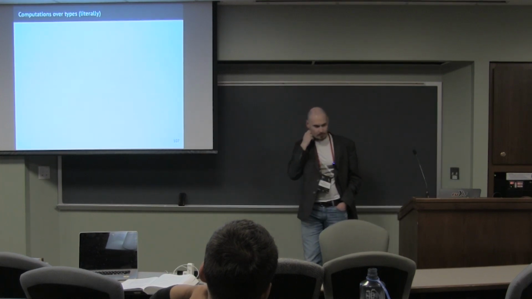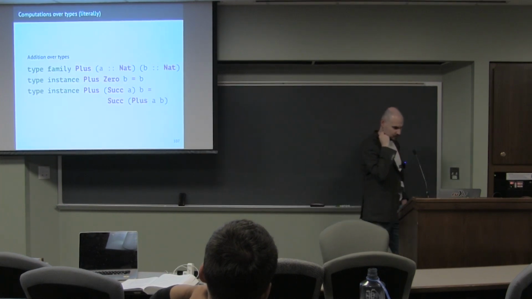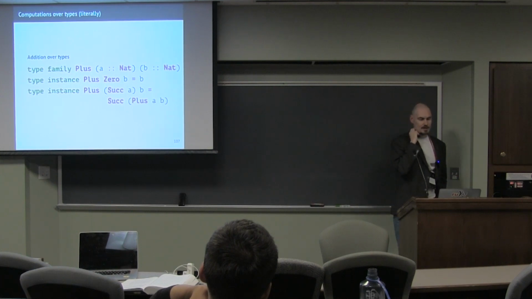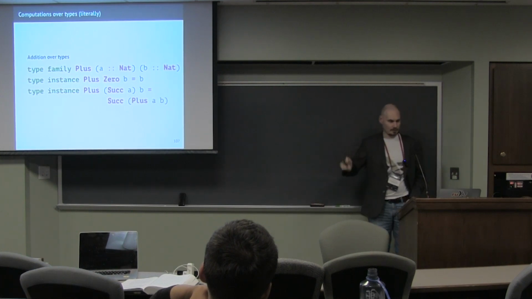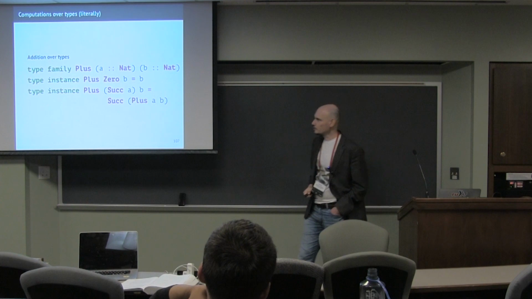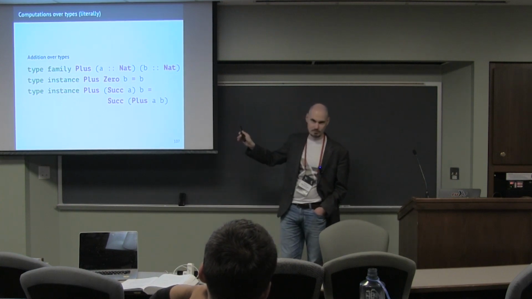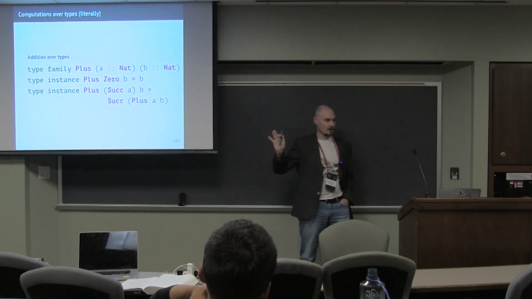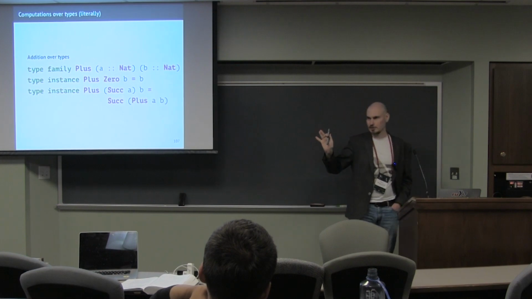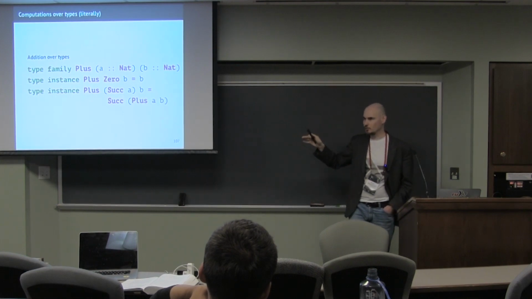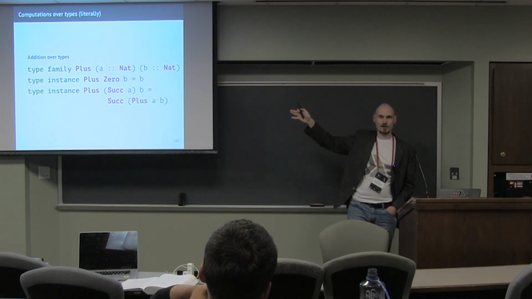And we can use even more interesting things. We can define a type family, or type level function, plus, and we can compute it as follows. Again, if you know this type family extension, which is more than 10 years old, then you can do these things. But now you can control your arguments. So you cannot put plus for some strange types.